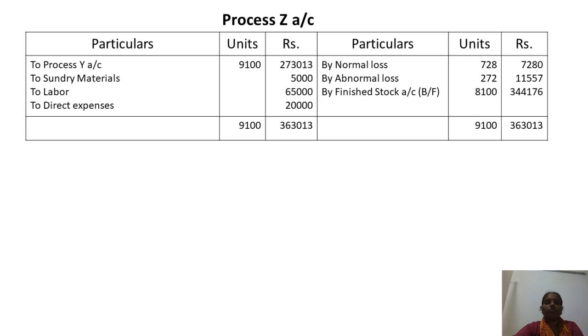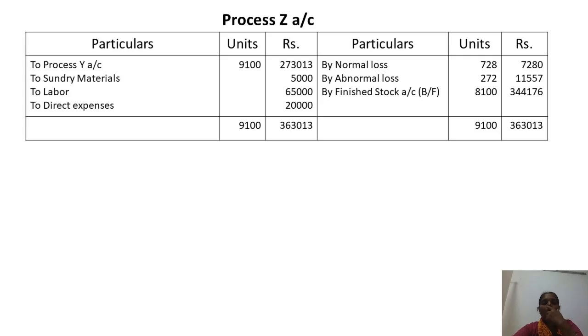For that, what we should do is, how many units have we got from process Y? 9,100. For that, what is the value? 2,73,013. With that, we have to add the sundry expenses, labor and direct expenses, and we have to deduct the normal loss. That amount should be divided by the number of units, that is 9,100 minus 728.